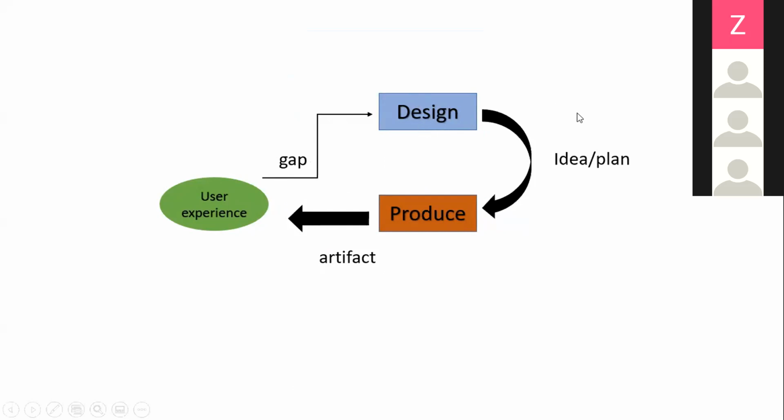There is some idea or some plan worked out, and then the production or the manufacturing happens, which comes up with the artifact, and then again it goes back into that system wherein the user again starts using it, and again the user experience begins with this new product, and again there might be a gap, and this cycle basically continues. This goes on and on and on.